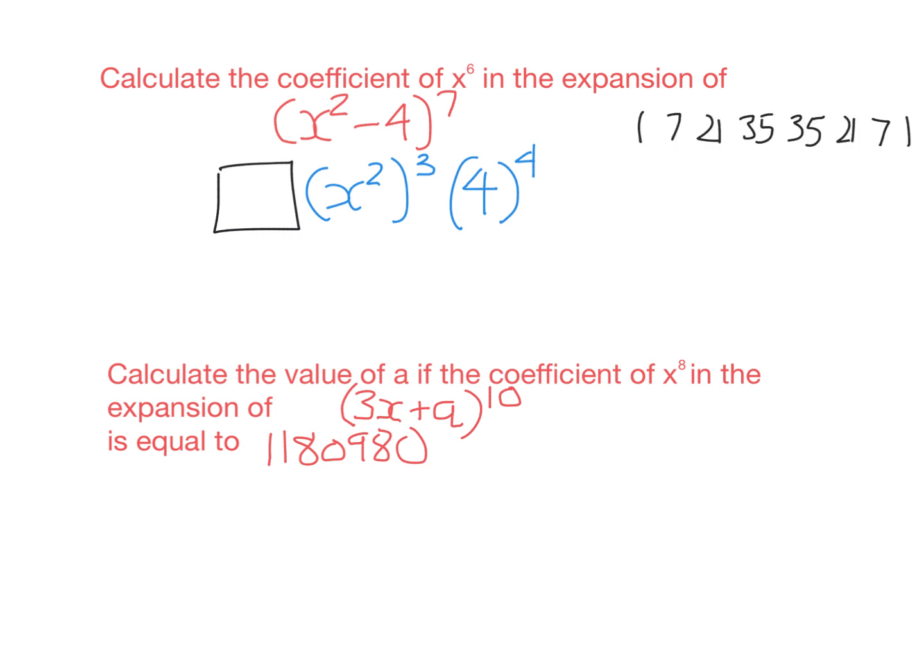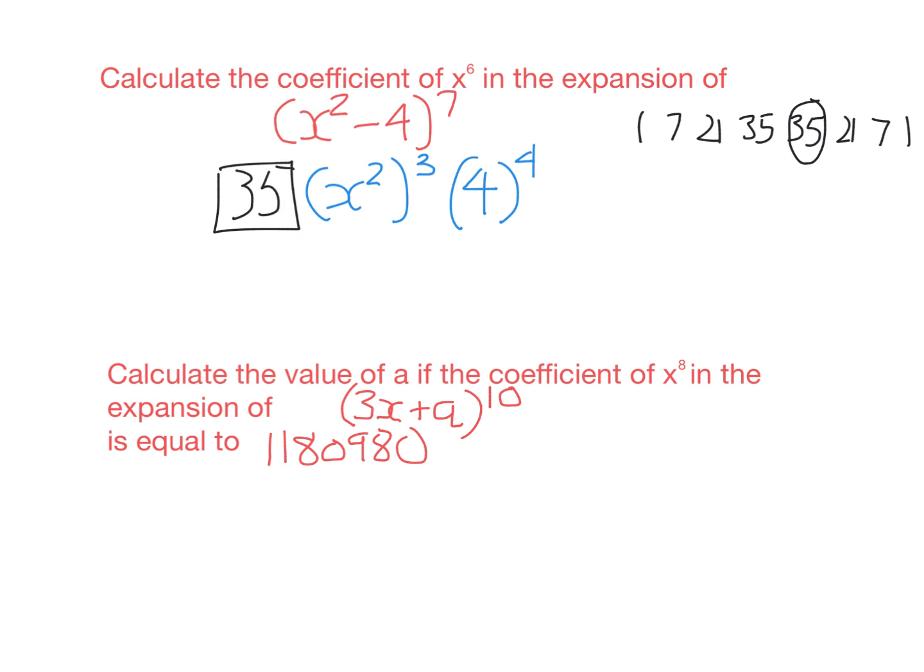So if we're looking at this first term, by first term I'm talking x squared here, this will be x squared to the power of 7, to the power of 6, to the power of 5, to the power of 4, to the power of 3. It will be this one here. So we can put a 35 here.